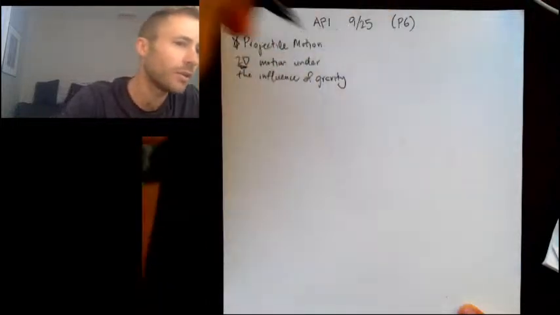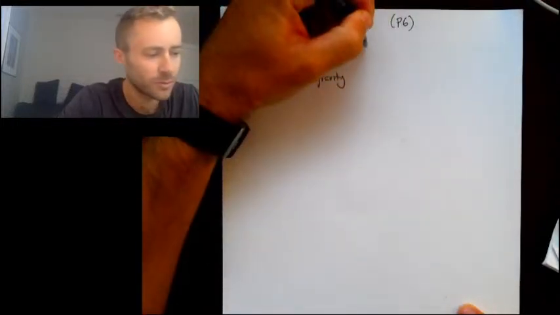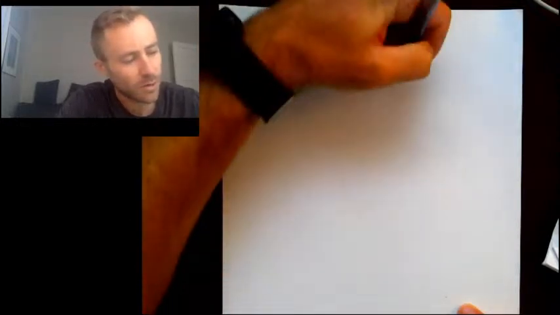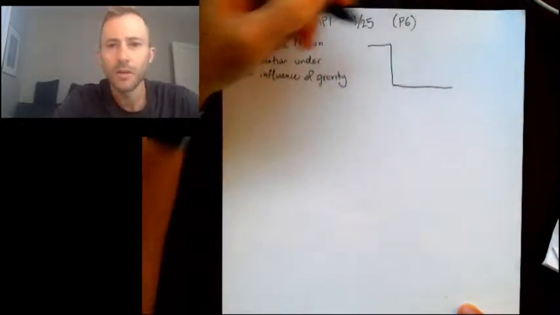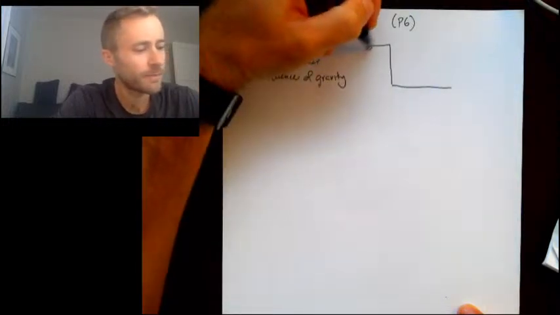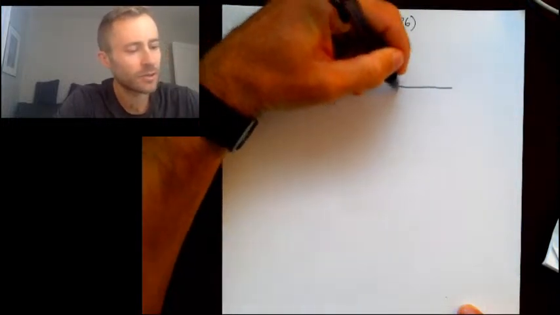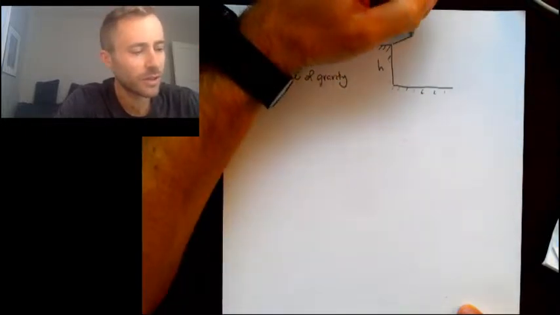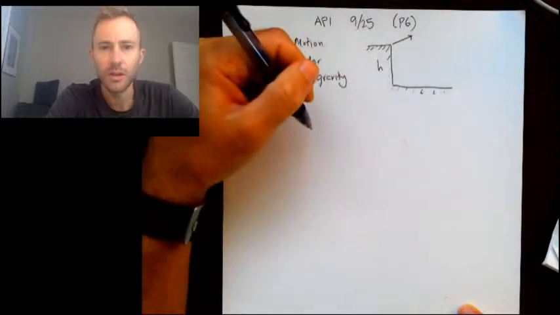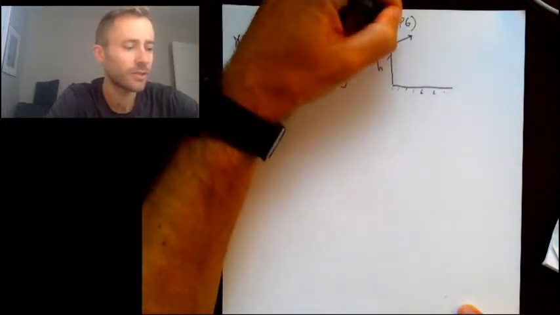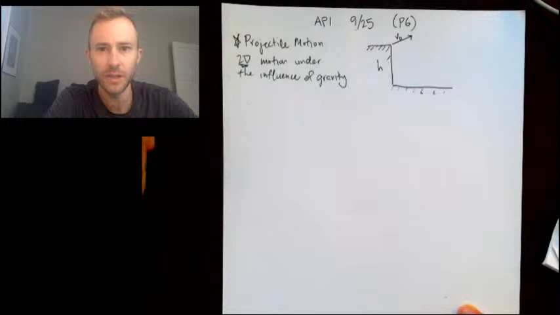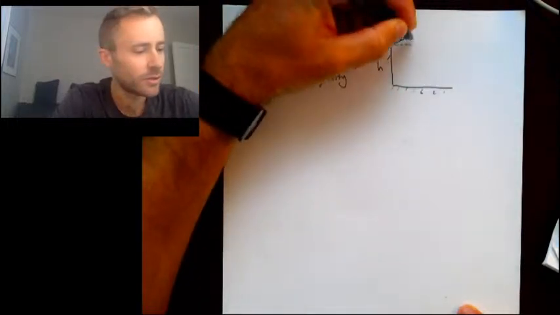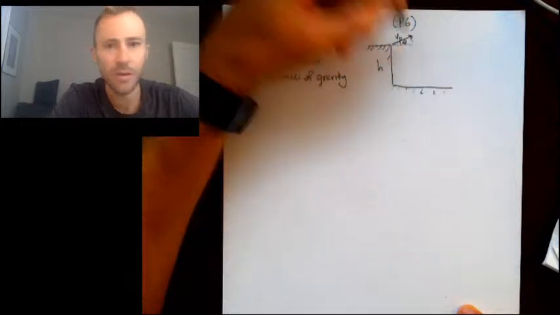Let me show you the kinds of problems that we'll learn how to solve in the next 2 lessons. You have a cliff. The cliff has a certain height, maybe it has a height h, and we launch a projectile off of the cliff. The projectile has an initial launch speed, v0, and an initial launch angle, theta.